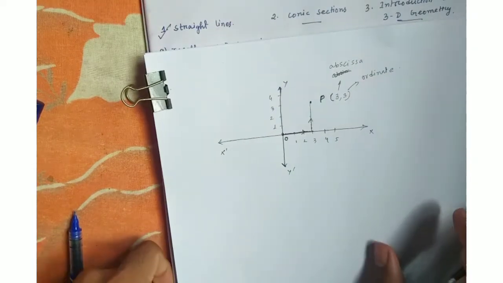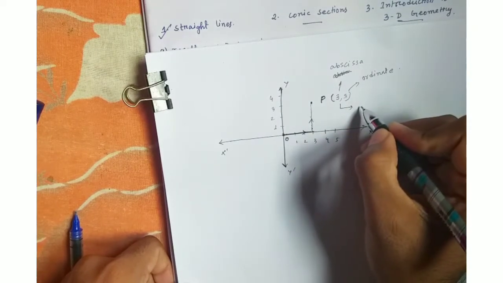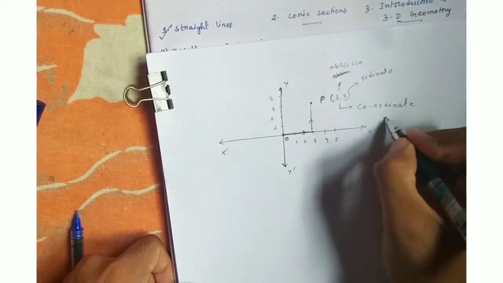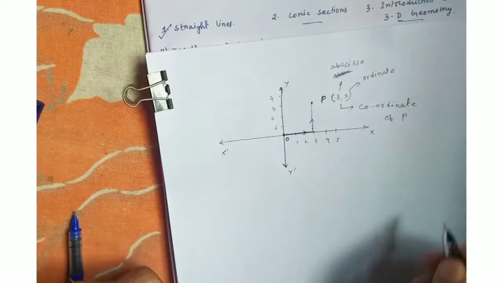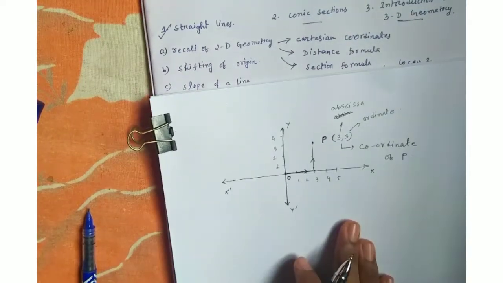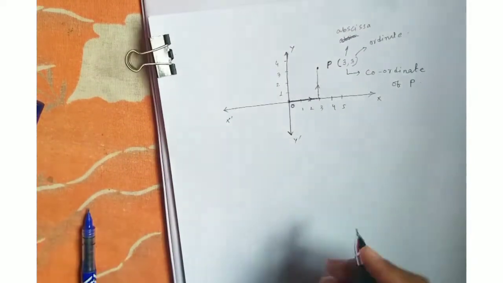Abscissa. Okay, and (3, 3), this ordered pair, is called the coordinates of point P. Then I have covered the Cartesian coordinates, and now let's go to the quadrant section.